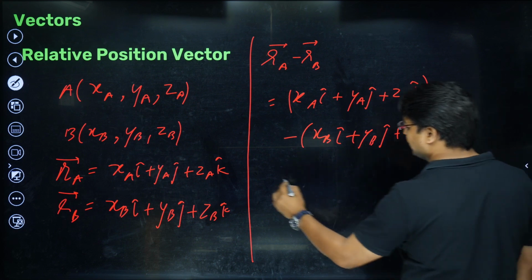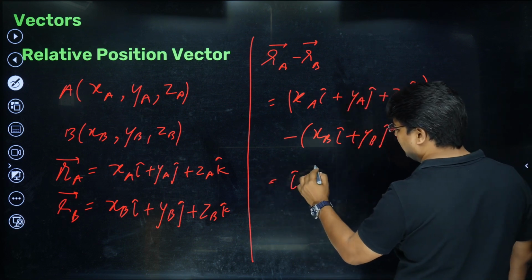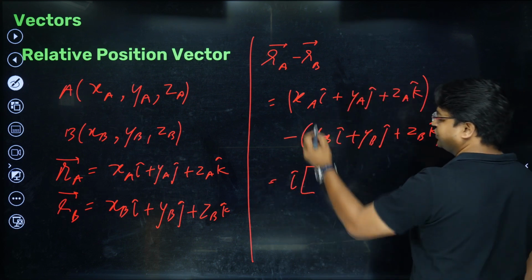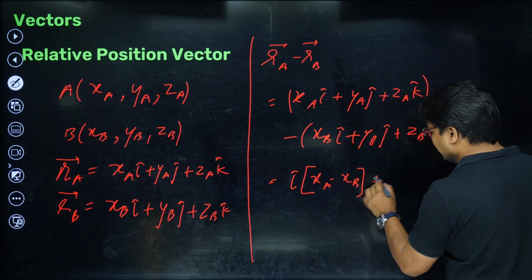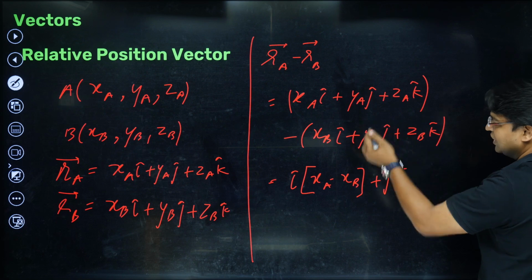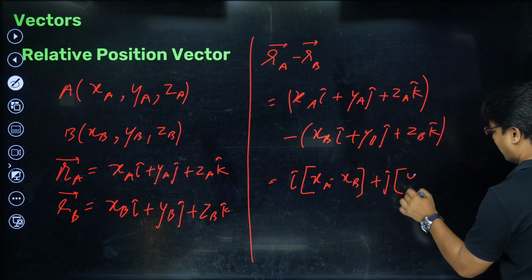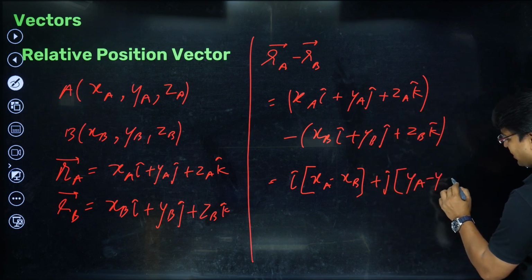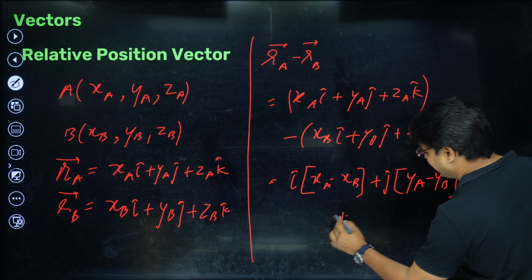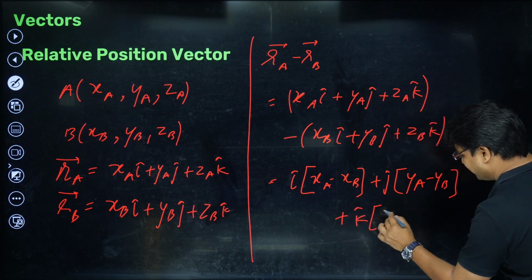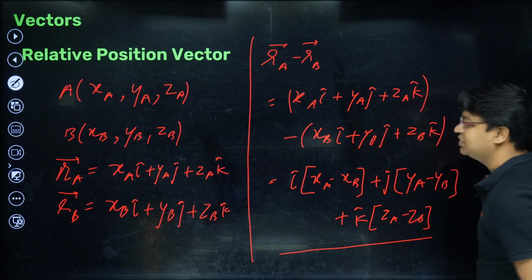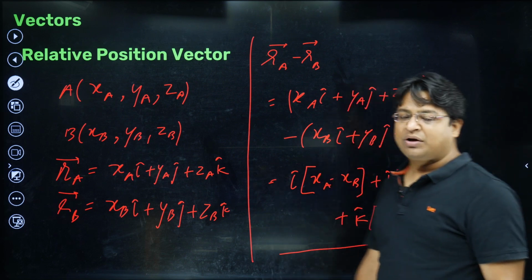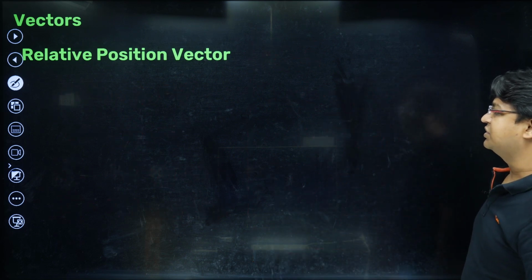Then you can collect the coefficients of i cap, which are xa minus xb. Similarly, the coefficient of j cap, as in algebra, would be ya minus yb, and finally k cap would be za minus zb. This gives you the position vector of A with respect to B. So this is how we get the relative position vector.